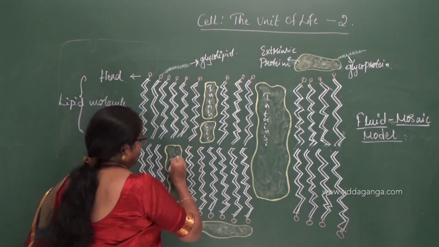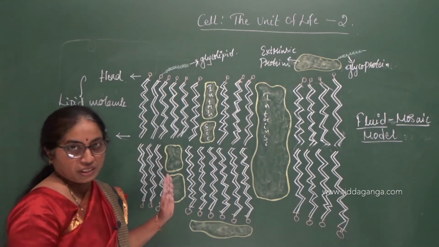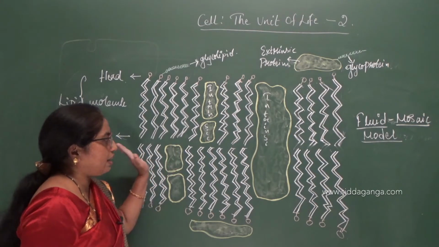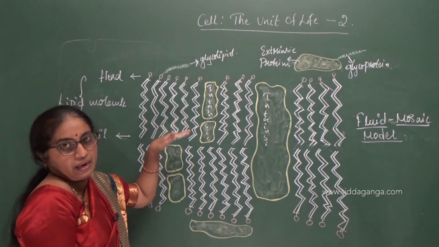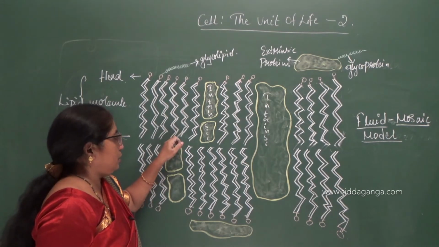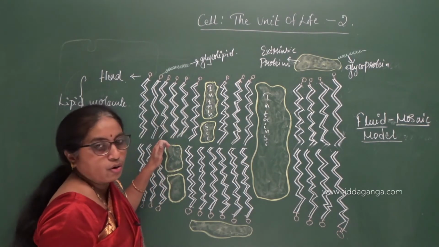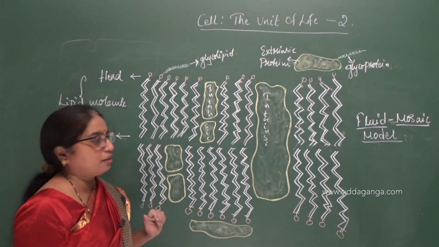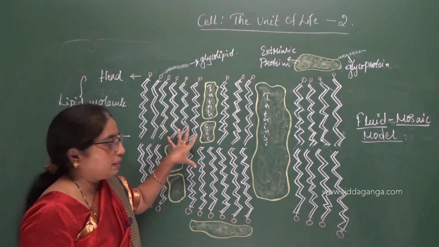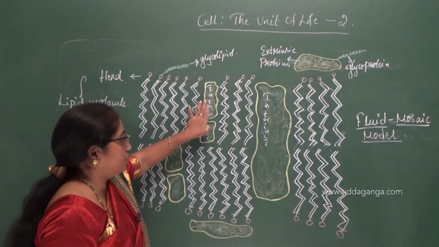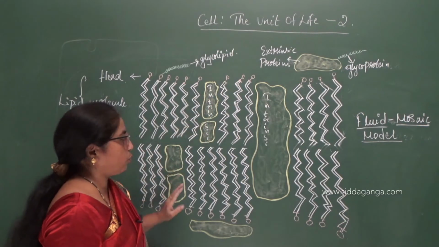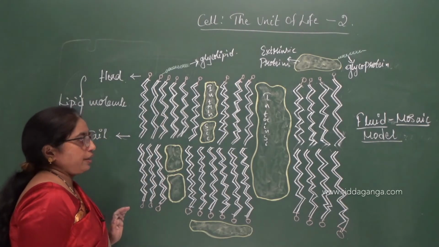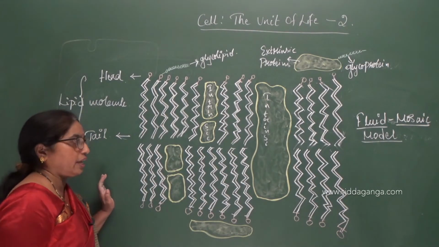These mosaic-like intrinsic proteins show lateral movement within the bilipid layer, and therefore the fluidity of this plasma membrane can be measured, and therefore it is called the fluid mosaic model. The fluidity of the lipid layer and the movement of these mosaic-like intrinsic proteins within it, you call it fluid, hence it is called the fluid mosaic model.